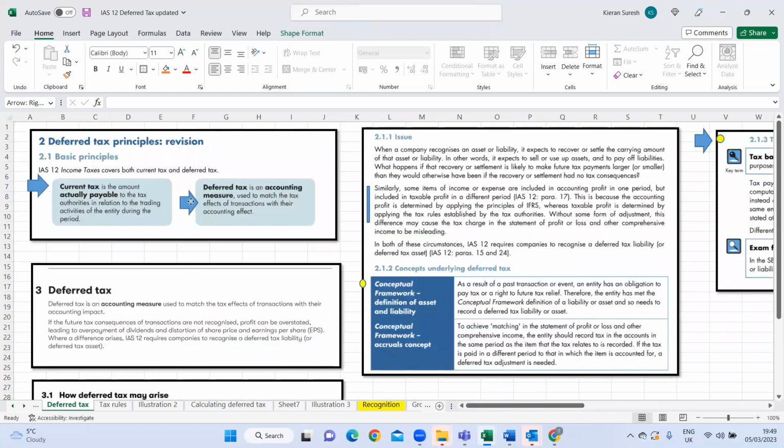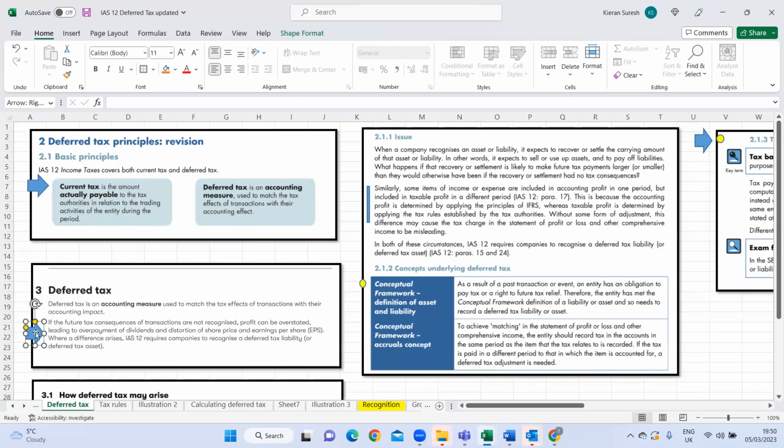As I pointed out, deferred tax is simply an accounting measure to remove the mismatch between the accounting effect and the tax effect of the transaction. So basically what they're trying to say is this: say we have a future tax consequence of a transaction.